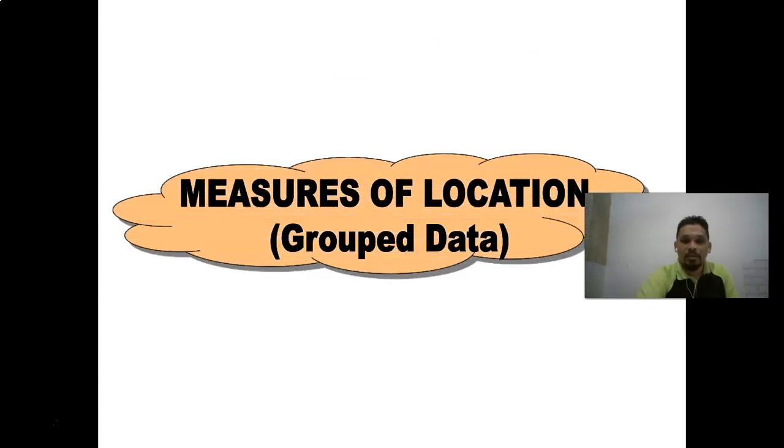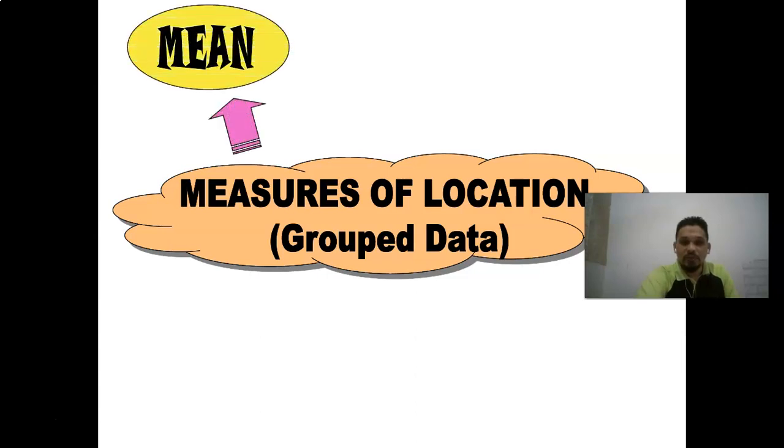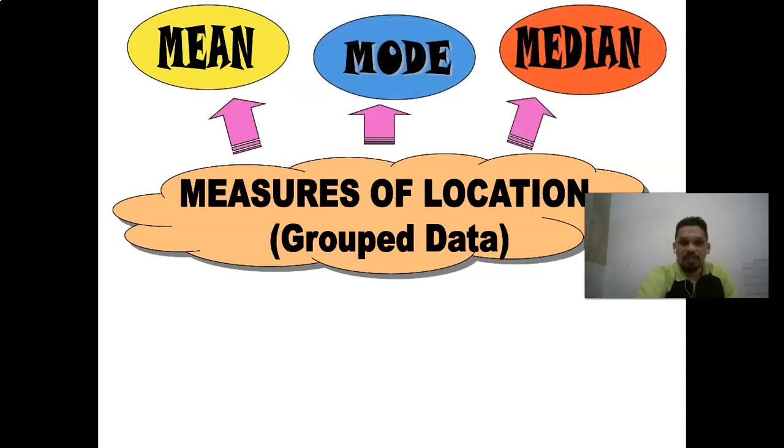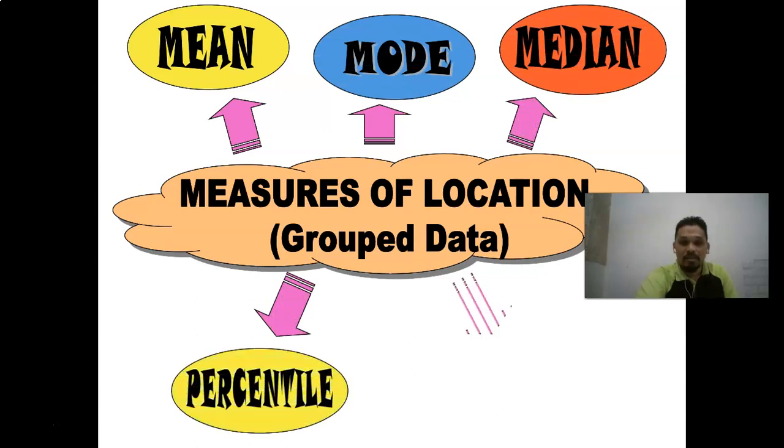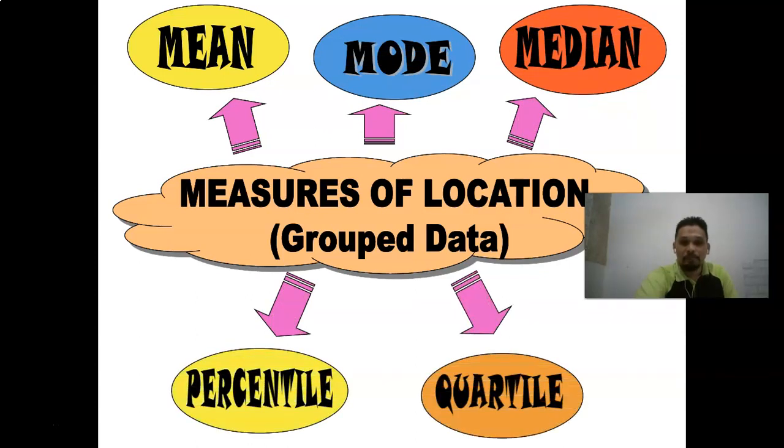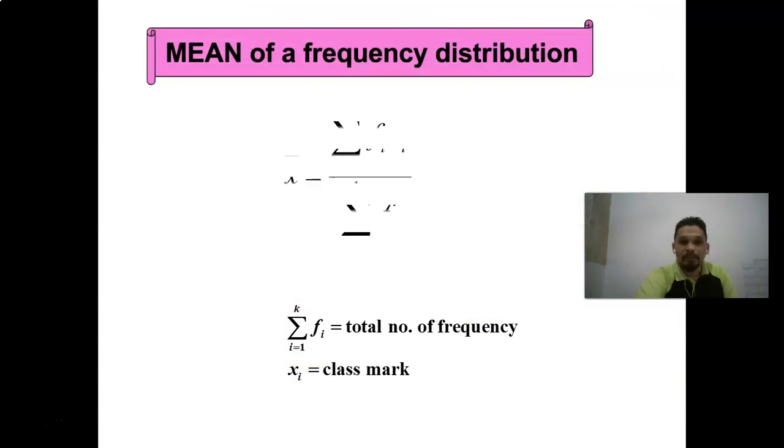Okay, so we will look into the next subtopic, which is measures of location. So we are going to discuss mean, mode, and median, percentile, and quartile. So the mean of a frequency distribution, as you see here now, the mean average equals the summation of f multiplied with x divided by the summation of f.